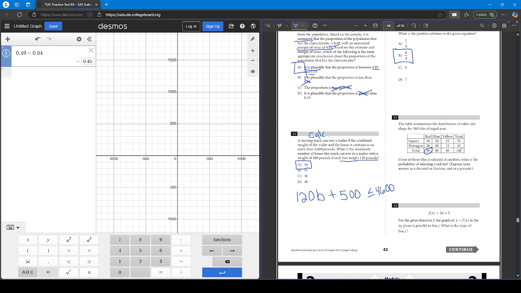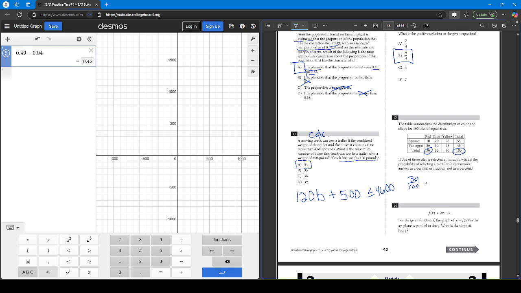Out of how many tiles? 100. Express your answer as a decimal or a fraction, not as a percent, because I'd want to say 30%. But it's not. We've got to say 30 out of 100.